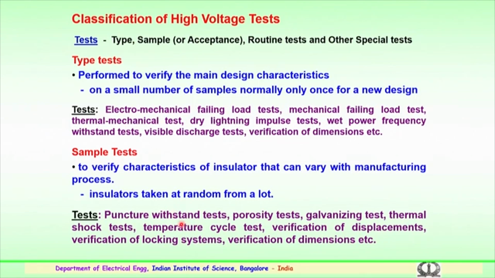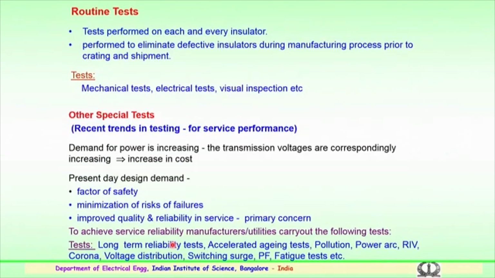All these are prescribed in the standards, and the values or magnitudes are also mentioned. Then the temperature cycle test, verification of the displacement, verification of locking systems, and dimensions. Several of these tests are carried out in a random way, choosing samples from the lot in the factory or sometimes in the laboratories.